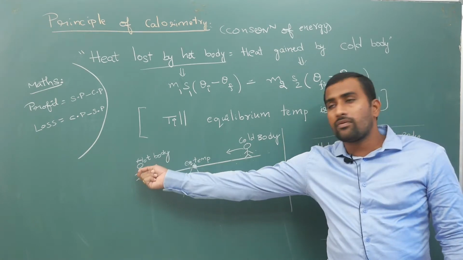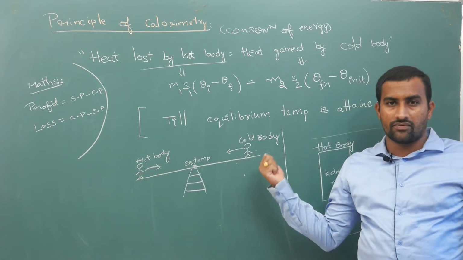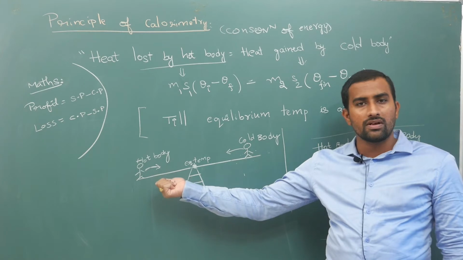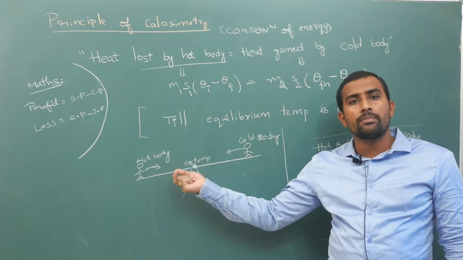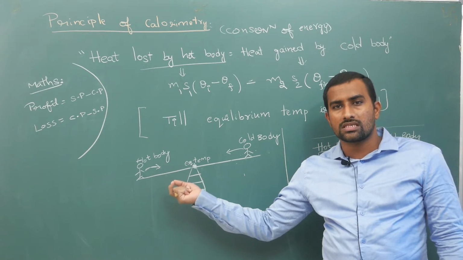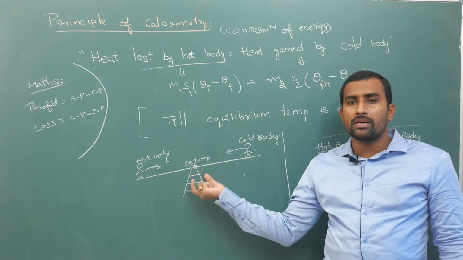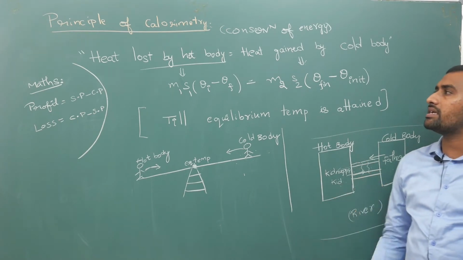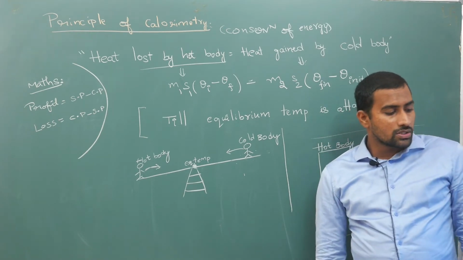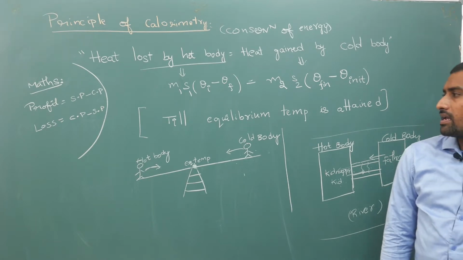It will give energy only if the cold body is taking. If the cold body is not taking energy, the hot body will obviously not give energy. This process happens till equilibrium temperature is reached. Once equilibrium temperature is reached, no further heat transfer will happen. So this is your principle of calorimetry.